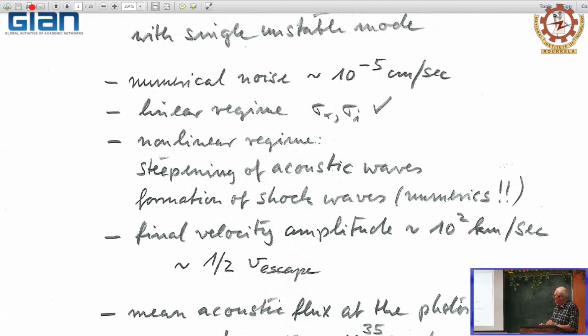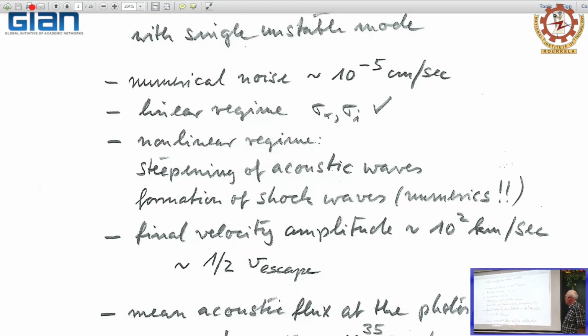Okay, to summarize: we start from numerical noise, then the linear regime, then the nonlinear regime. The linear regime means we have an exponential time behavior.